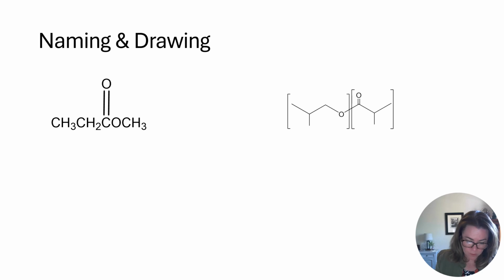All right, so first thing I want to do is identify, maybe I'll bracket this off so that I have my two separate pieces, my alcohol piece and my carboxylic acid piece. So this side is where my alcohol comes from, and this side is my carboxylic acid. In fact, I am going to do these in two different colors, color coordinate.